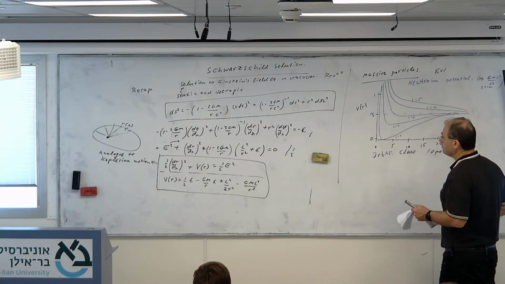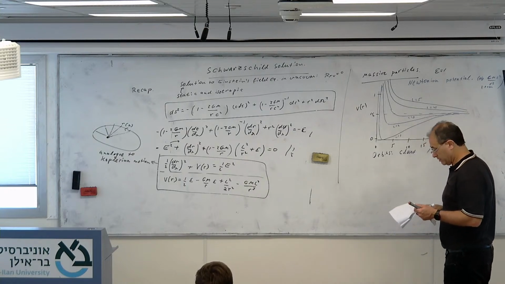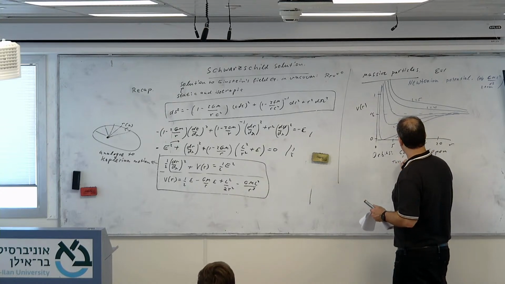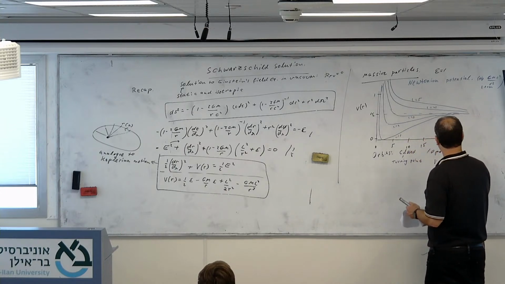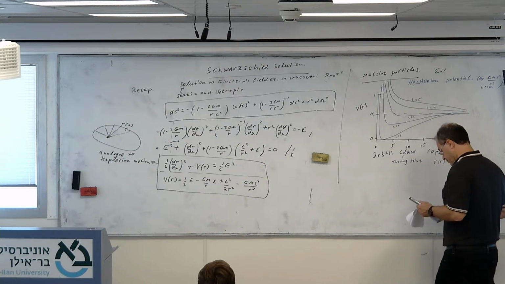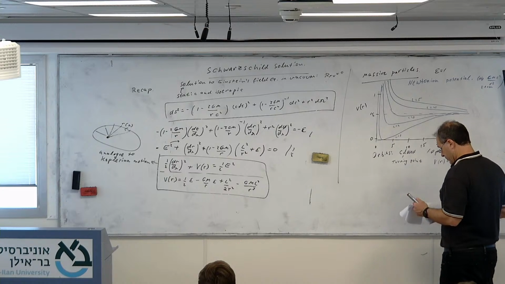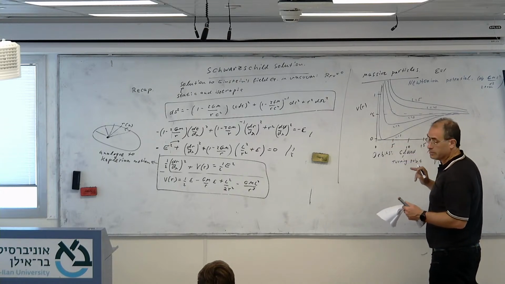Where's the turning point? It's at E, or in our case, the turning point would be at V of R equal to 1/2 E. And okay, so if the potential is flat, what do we get?